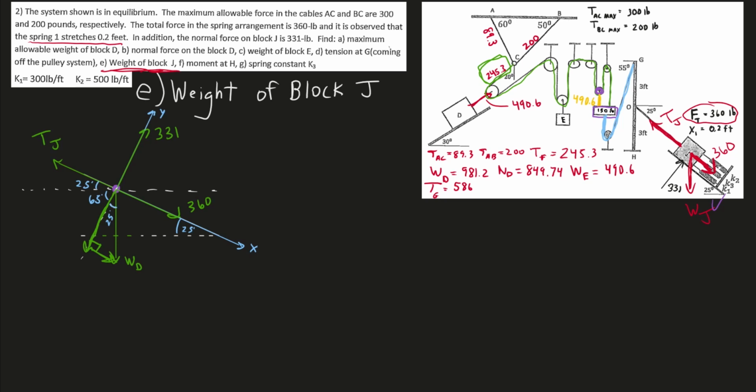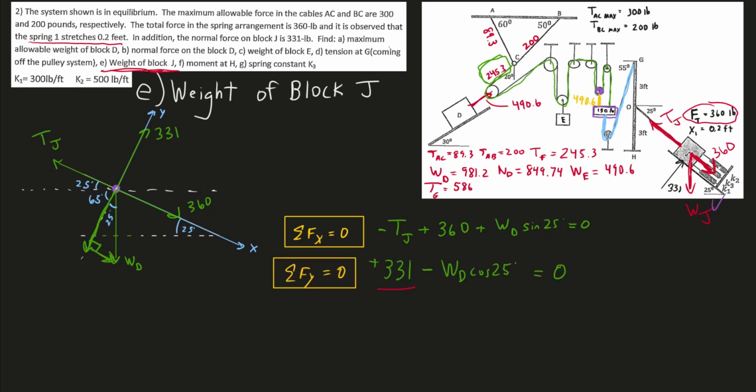Alright, so let's do the sum of the forces in the x. We have a TJ going in the negative x direction, a 360 from that total spring system, positive x direction, and the x component of our weight in the positive x.